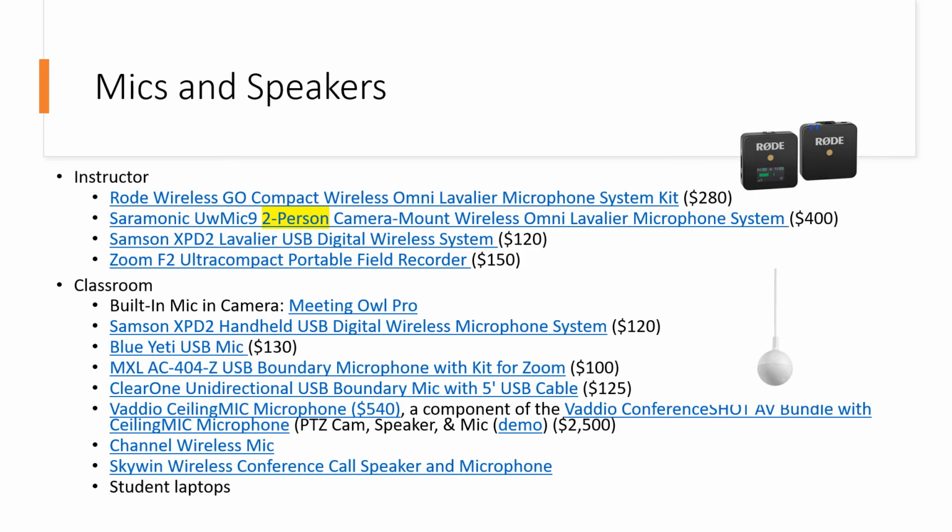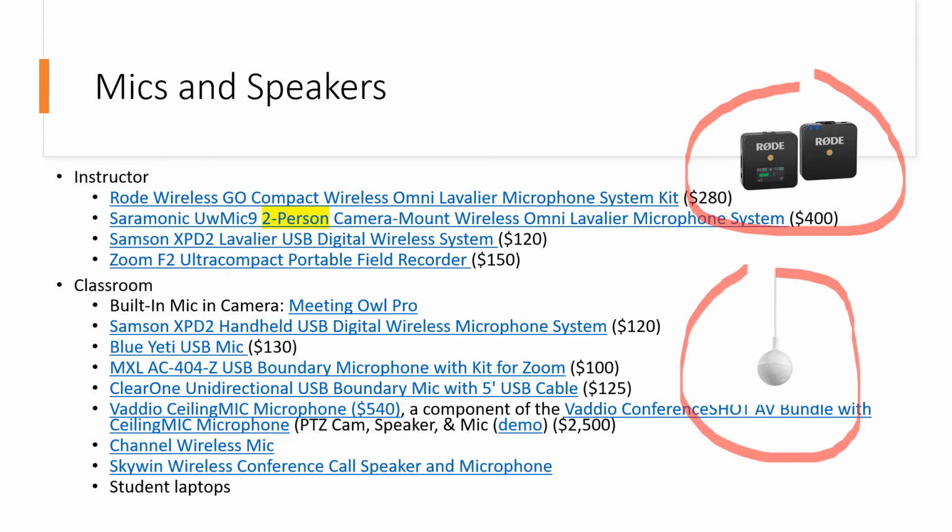So we have a list of microphones and speakers. The primary goal of these will be, one, capturing the best sound possible, and two, being easy to use. So for example, here is a lapel microphone that the instructor can wear, as well as ceiling microphones that could capture the sound from the classroom.